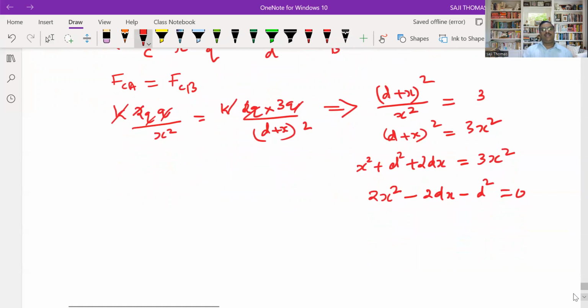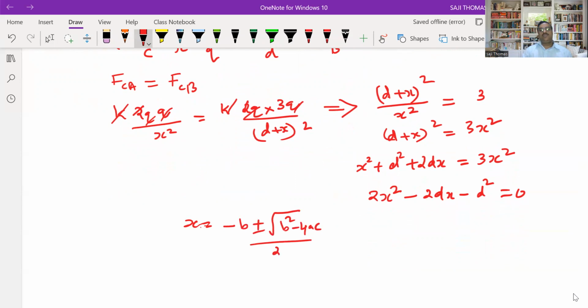So what is the root? x is equal to, you know the formula, minus b plus or minus root of b square minus 4ac by 2a. So we put the values there.